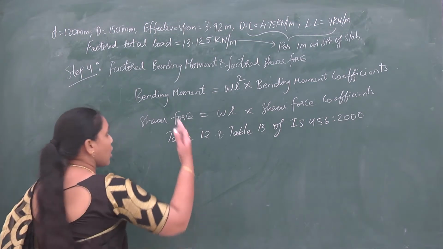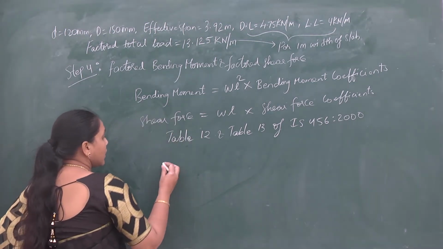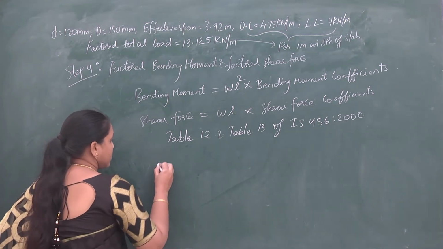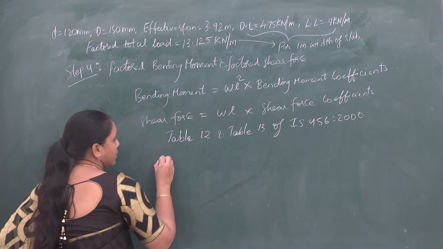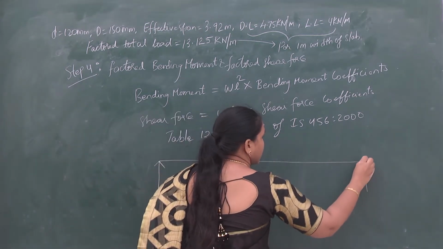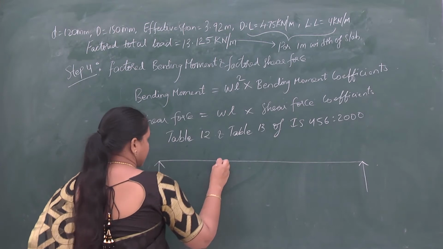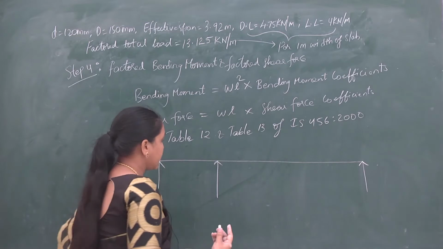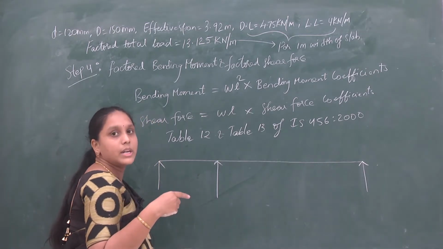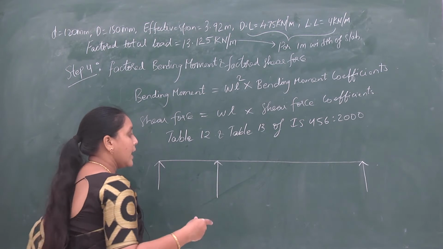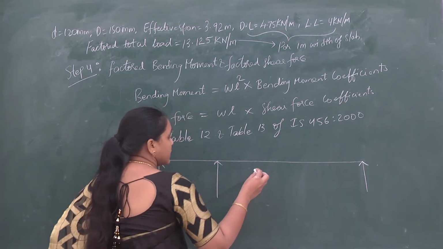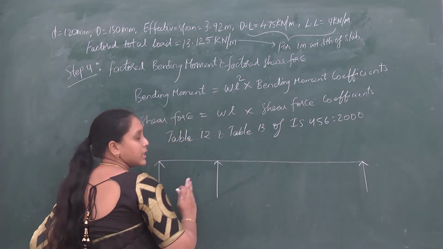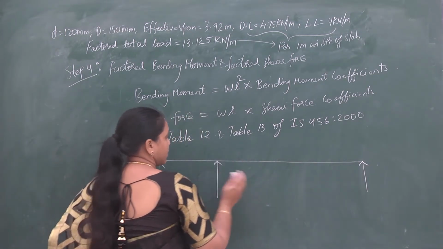Now first let us draw the slab here. The slab is a continuous slab. In the question itself we have already seen the 16 meters length, and the center to center distance of the supports is 4 meters.